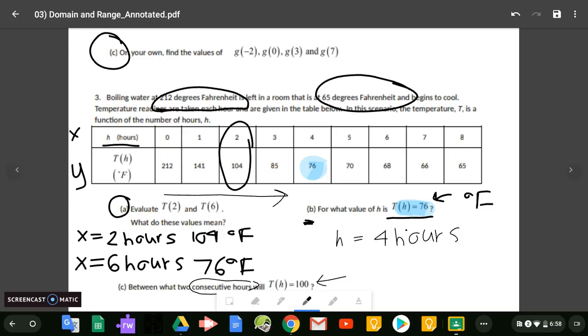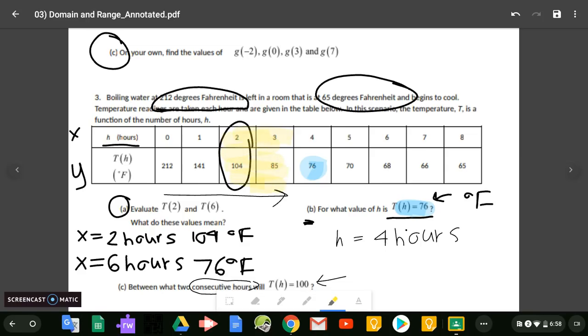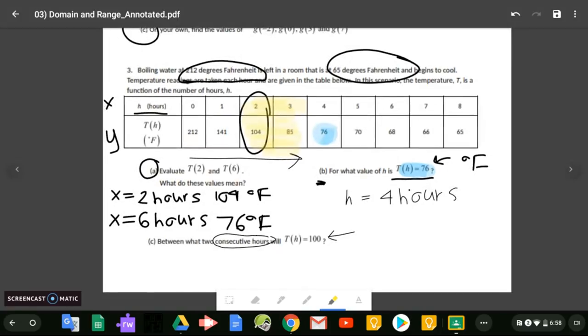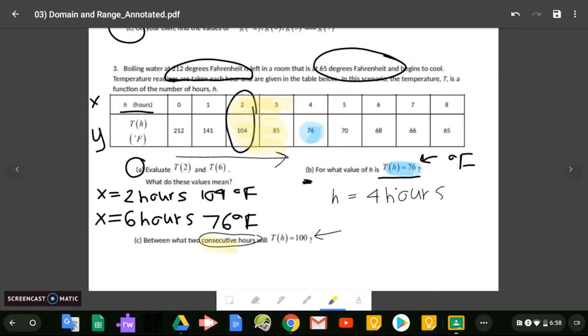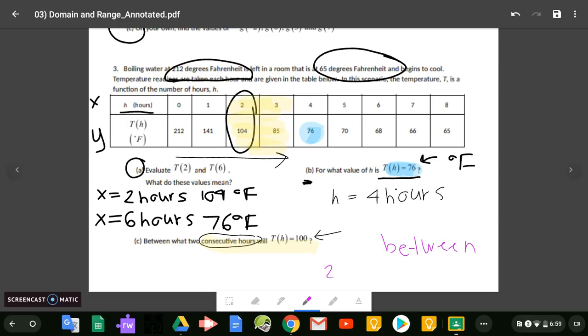And if I'm looking for things being 100 degrees, we can look at the table and we're going to notice that 100 degrees would have to happen between 104 degrees and 85 degrees. Remember, this is decreasing. So then we're going to say this would happen between 2 hours and 3 hours.